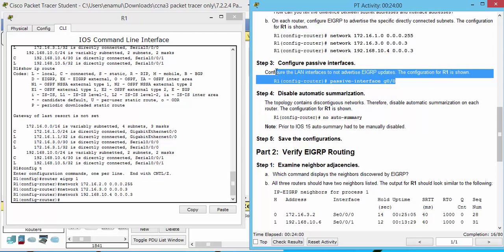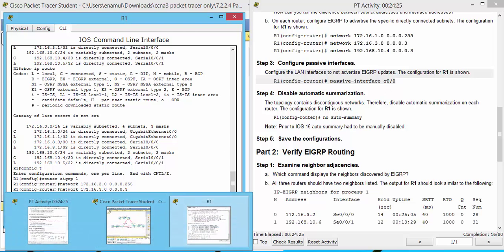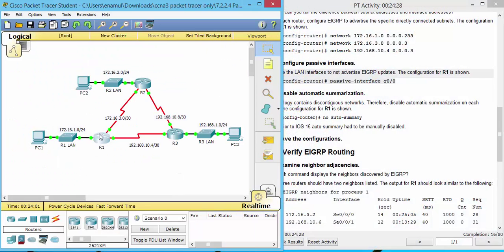We configure passive interface in router configuration mode: we type passive-interface, and we're going to make gigabit 0/0 the passive interface. This is the one that is going to be the passive interface.